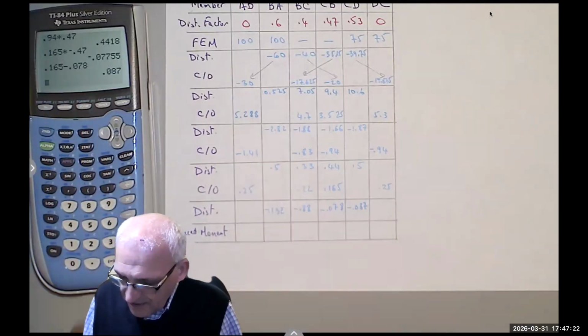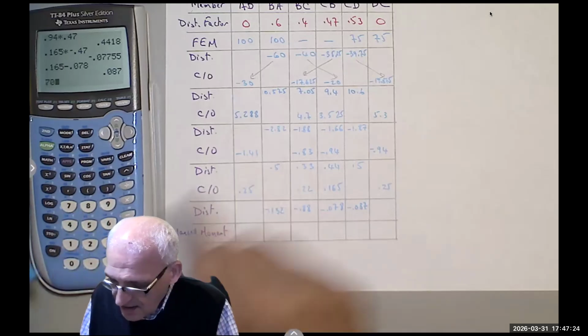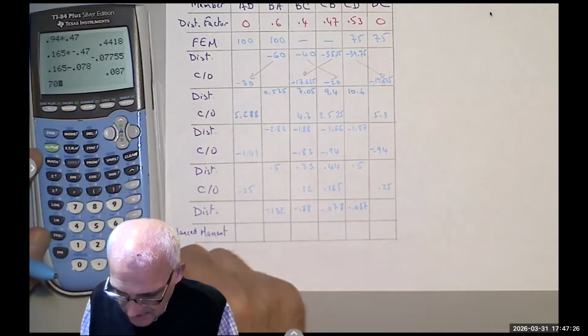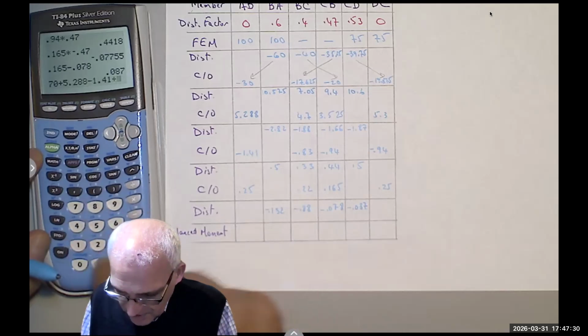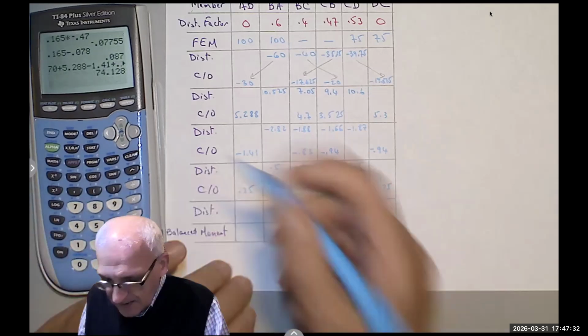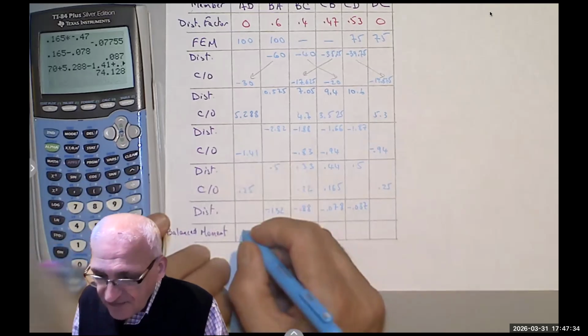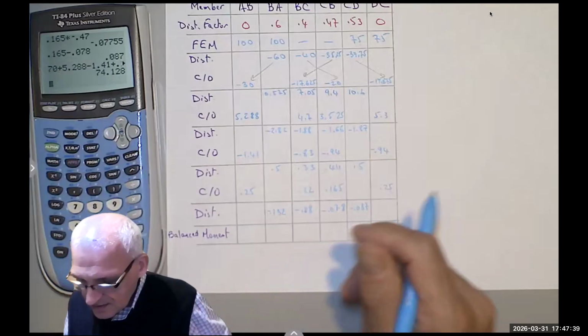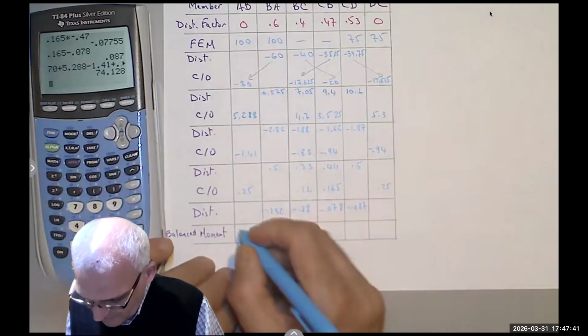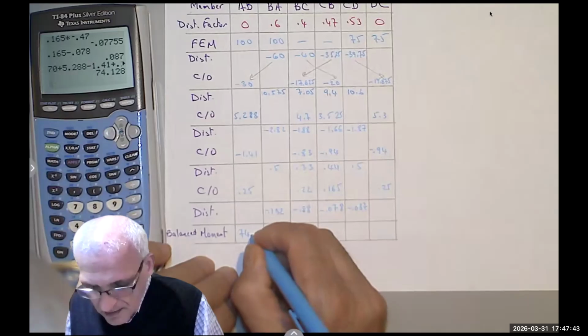So here 100 minus 30 is 70. Plus 5.288 minus 141 plus a quarter. So we are going to approximate that as 74.1.